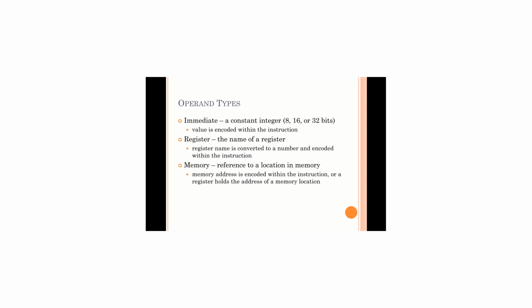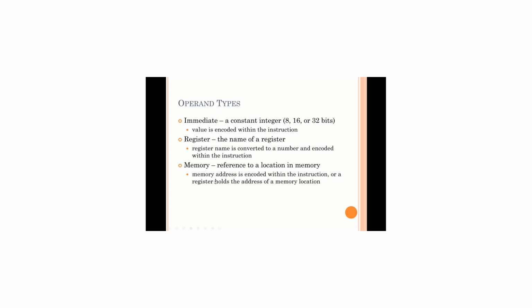You have seen that in our listing a couple videos ago when we talked about the listing file, right? And you can see the name of a register gets encoded in the instruction, same as the immediate value.